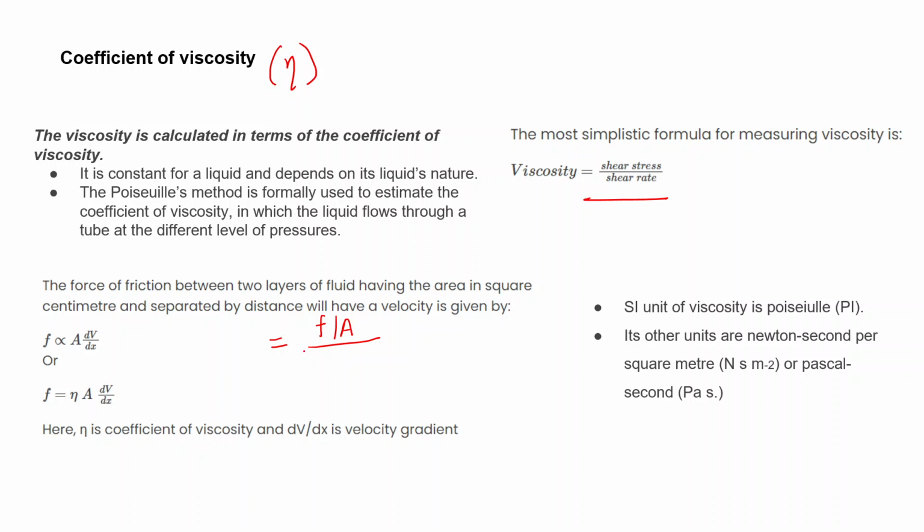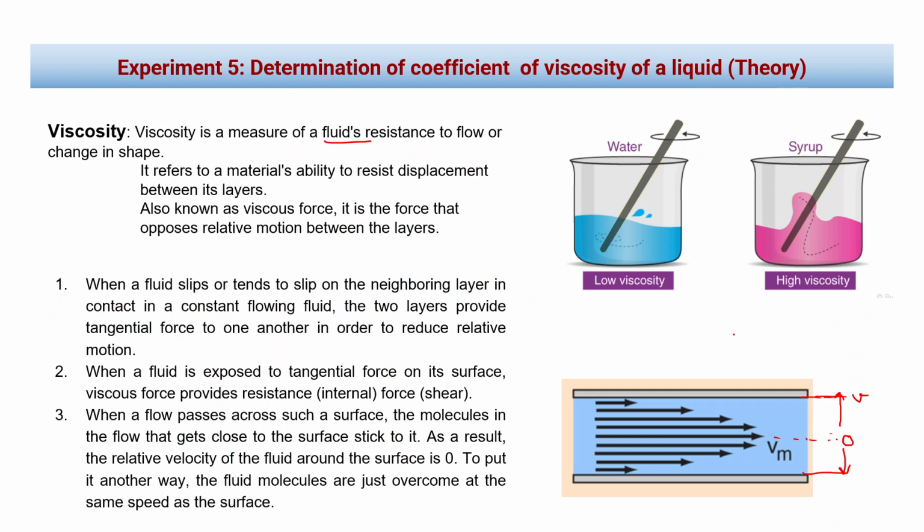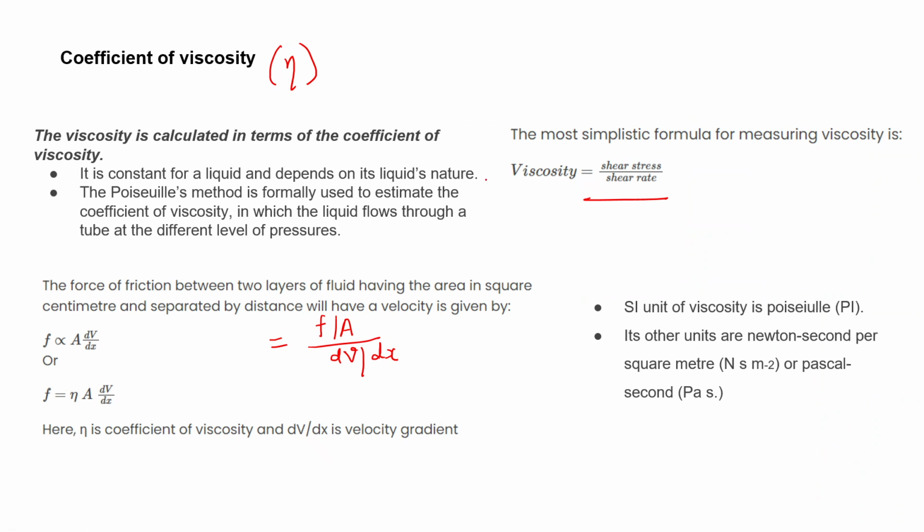Shear rate is the velocity gradient, dv by dx, where v is the velocity and x is the distance that is changing. As we showed here, the velocity changes with distance: at the center it is maximum, and as x increases, the velocity reduces. Because the velocity throughout the liquid is not the same, that change in velocity is what we call the velocity gradient.